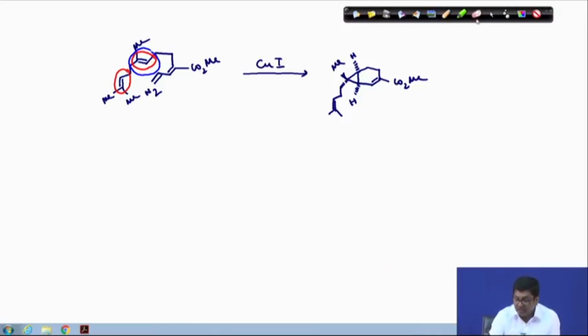Okay. Now, further it has been converted into another natural product, that is called cyrenene, using 2 steps.